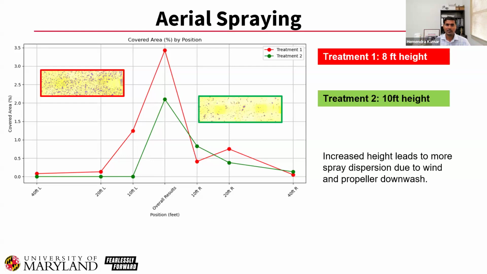If you go away from the main target, 40 feet away, the overall deposition was very minimal, close to zero. This is what we want to achieve because we don't want to see the drift.